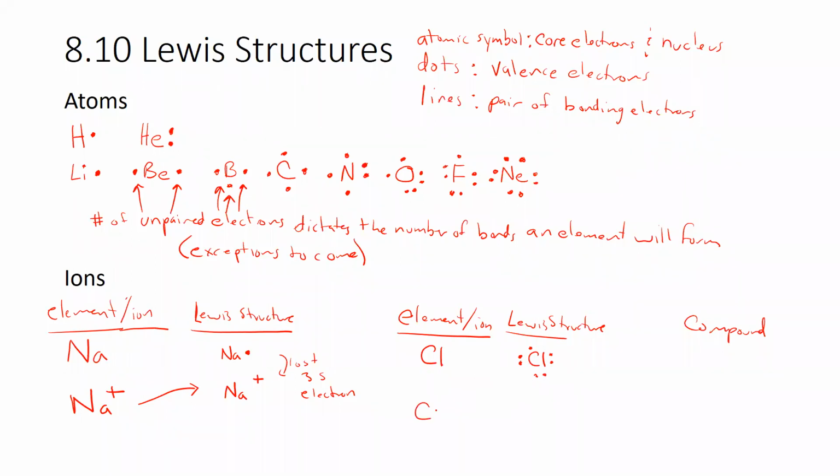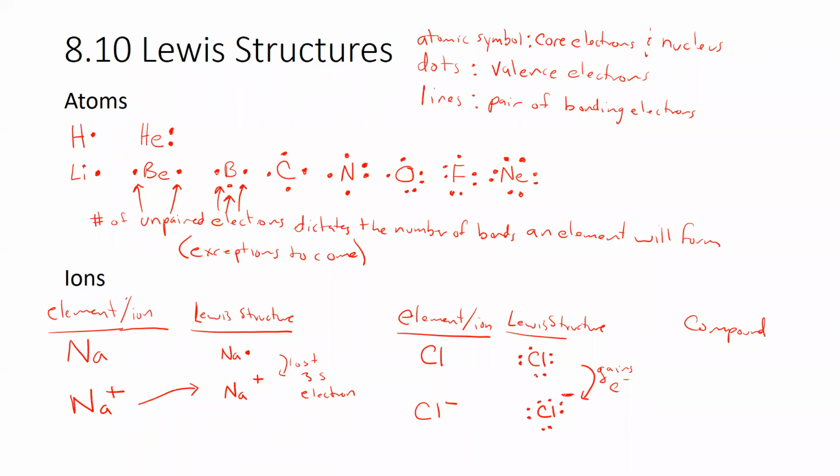But we know that chlorine forms Cl minus. Remember, when we go from Cl to Cl minus, it gains an electron. And so now we have 8 valence electrons to place: 1, 2, 3, 4, 5, 6, 7, and 8.